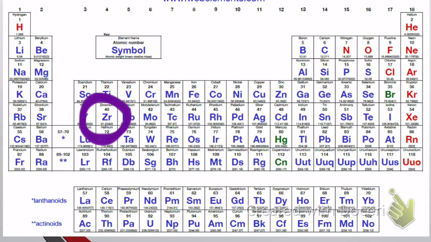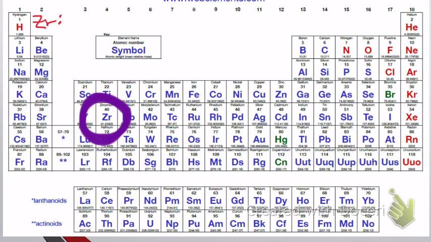So zirconium equals 40. I'm going to try to write it right here at the top. And if we want to write it all out long ways, well, first, let's write it out the quick and easy way.